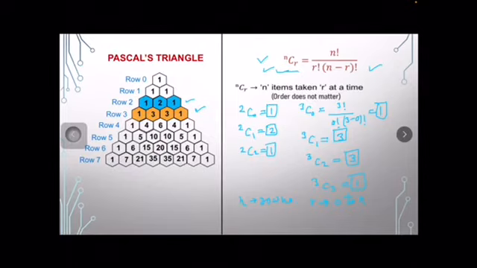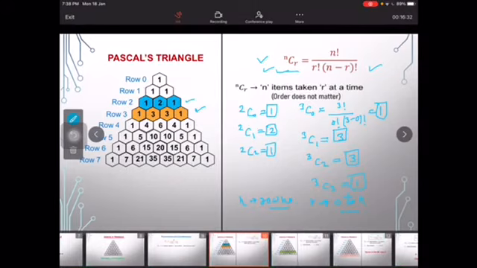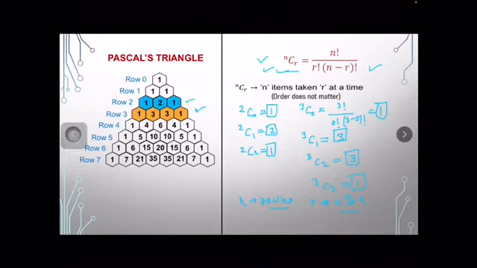If n is the row number and r is 0 to n, you can see here in 3C0, what is n? n is 3 here, right? This one is our n. And r is 0 to 3: 0, 1, 2, 3. So r is 0 to 3.